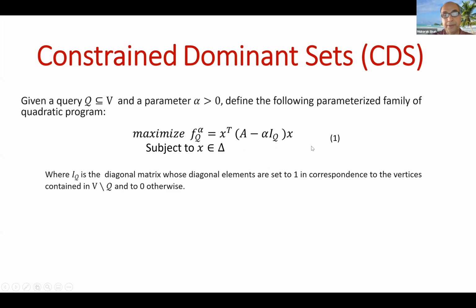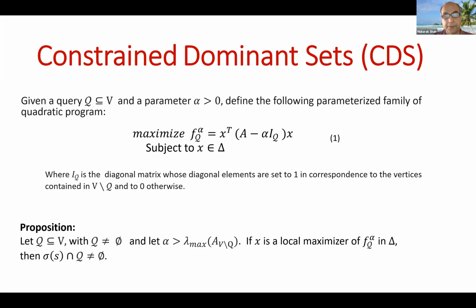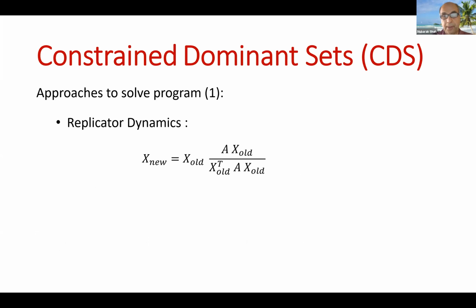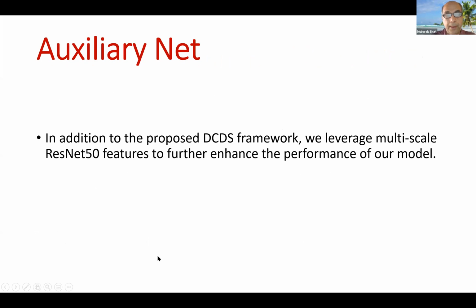Then we can take this and solve it as we did before, with quadratic optimization, and that will give us the solution for the constraint dominant set. Now there are many approaches to solve this. One simple one is called replicator dynamics. It's an iterative method, very simple, about 2-3 lines of MATLAB code. You start with some initial estimate, and you get a new estimate using this iterative scheme, and that works pretty well.